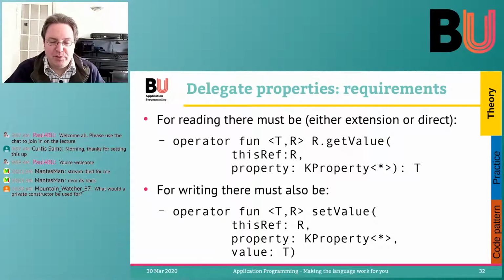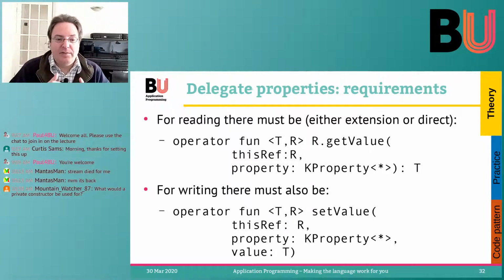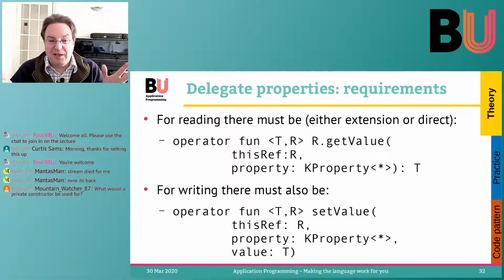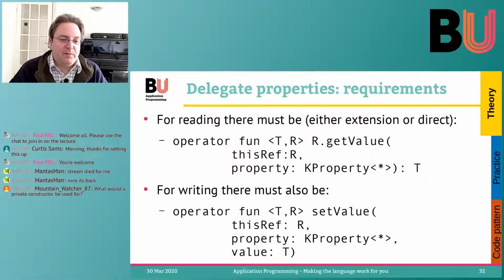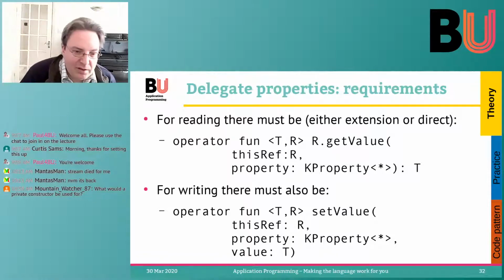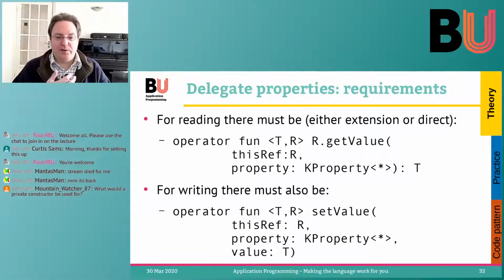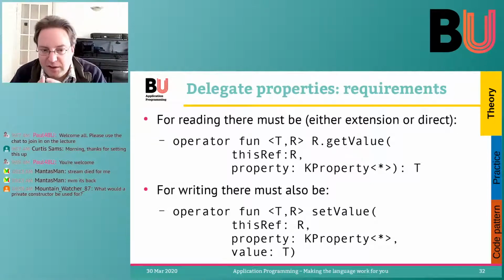The property object allows you to look at what is the name of the property, what's the return type. So that's basically introspection you can do there. And it needs to return whatever is the type of the thing that's returned. So yes, that could be a concrete value rather than a generic parameter. Maybe that T actually normally belongs to the class rather than the function.